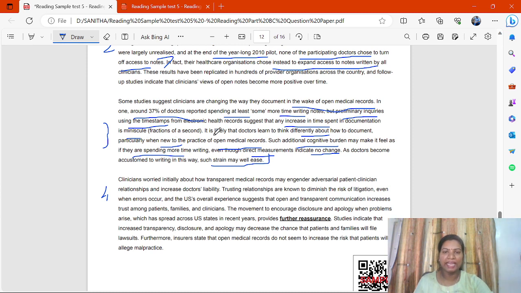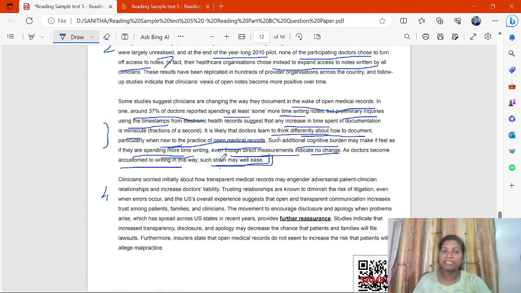It is likely that doctors learn to think differently about how to document, particularly when new to the process. Such additional cognitive burden may make it feel as if they are spending more time writing, even though direct measurements indicate no change. As doctors become accustomed to writing in this way, such a strain may ease.